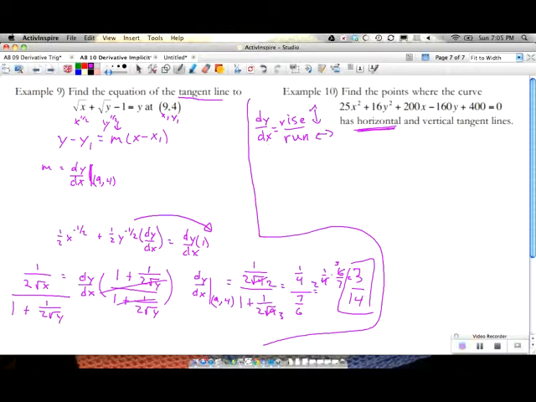If our run equals 0, then that means that we have a vertical tangent line, that we are vertical only. And if our rise equals 0, then that means that we are horizontal only. So that's what we want to keep in mind as we're going through this problem.